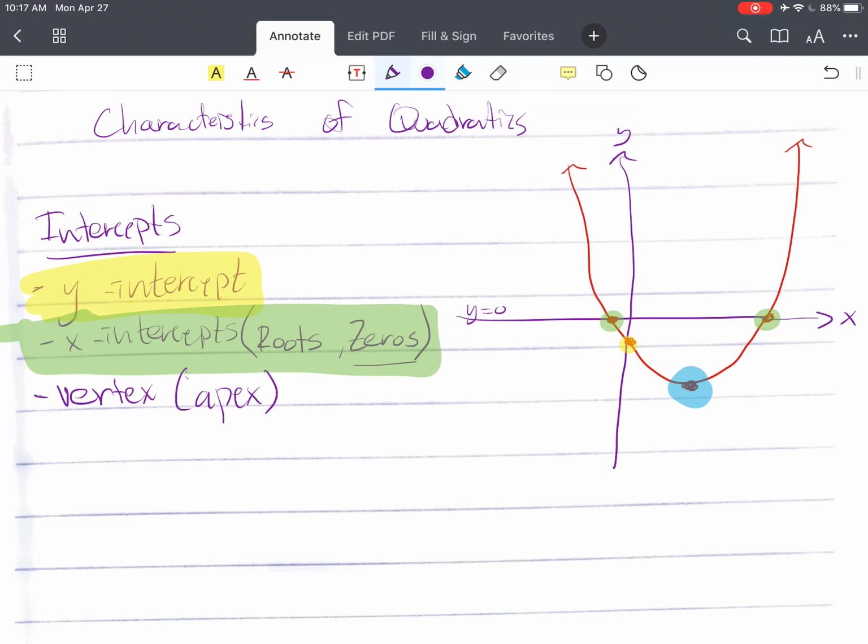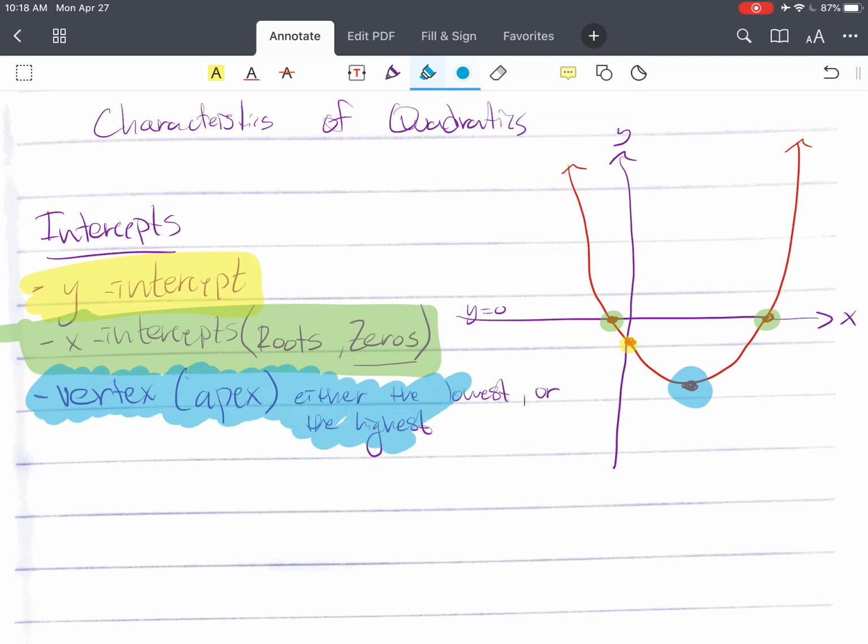Now, the vertex, if you think about it, is either the lowest point on the graph or the highest. In this case, it's the lowest point on the graph. The quadratic cannot go any lower than the vertex.